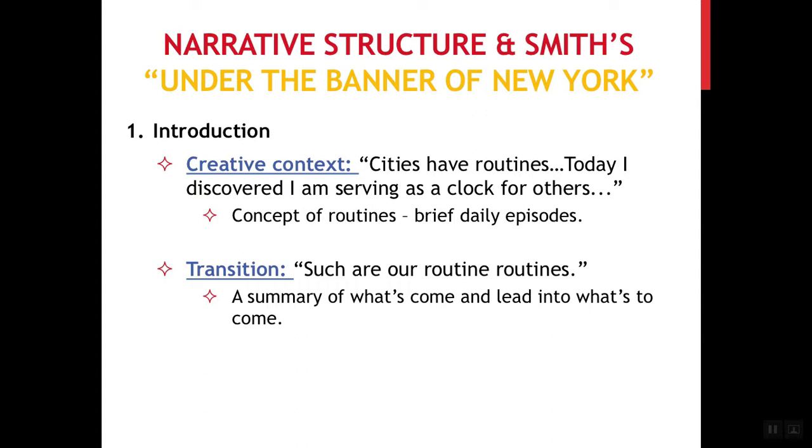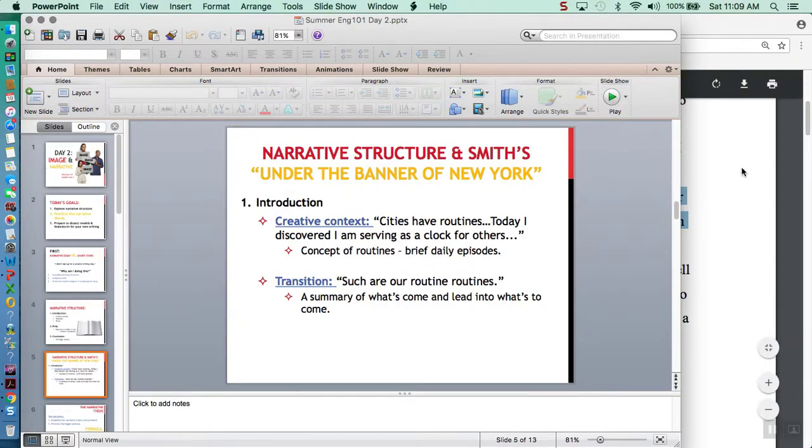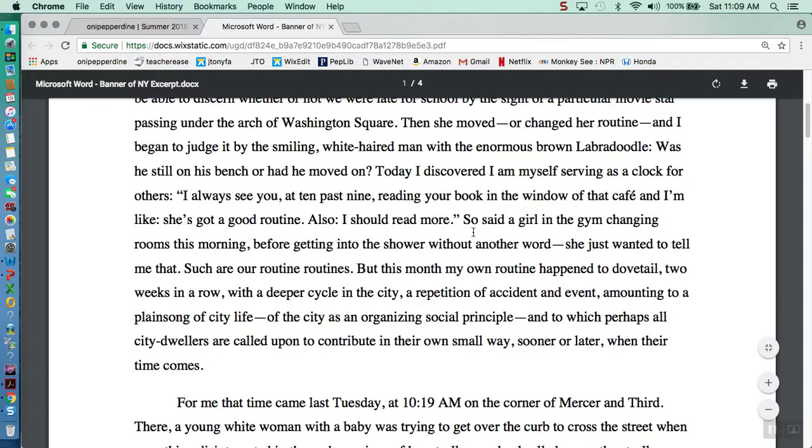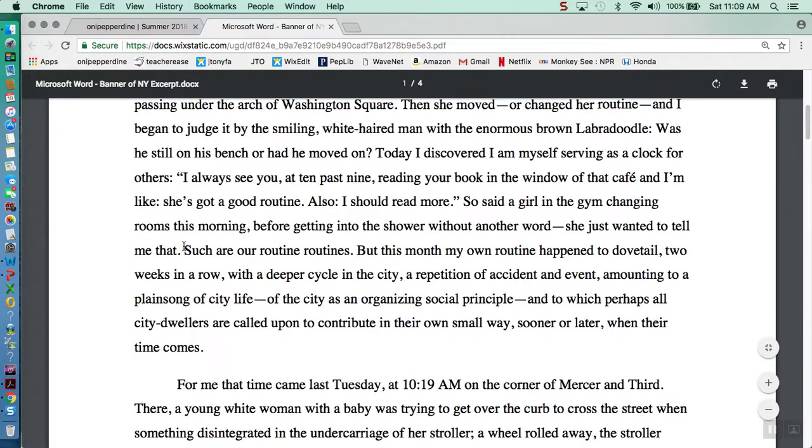So as I said here, the transition is basically a summary of what's come, of what she's already established, which we've already talked about. She uses the term routine many times, right? And then it's leading us into what's to come, which again will be a perfect setup for the thesis. So after all this story, we narrow it down, get to her personal experience, narrow it down, and here we go. Such are our routines.